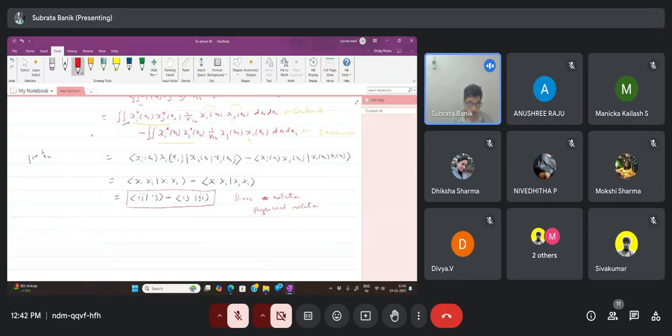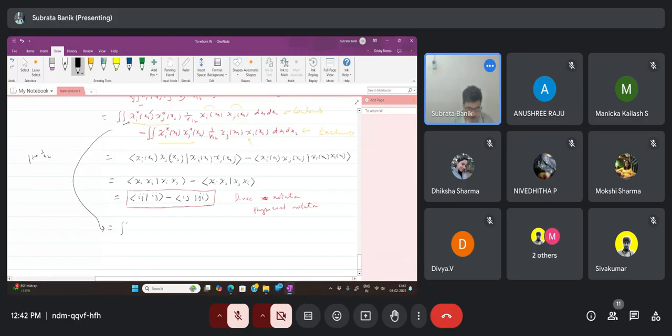Another way to write this, you see, let us have that. You see what I have written here? Chi I star chi j. Right? In the chemist notation, this is also written with one index, one coordinate on the left side and the other coordinate on the right side.